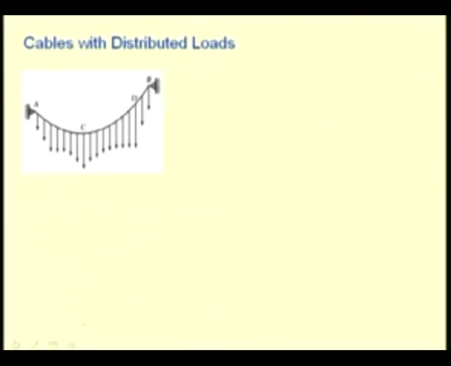So, it is equivalent to a uniformly distributed load in the horizontal direction for the cable. So, let us consider a general cable ACDB, which is tied at this point A and B, subjected to some kind of a uniform loading.